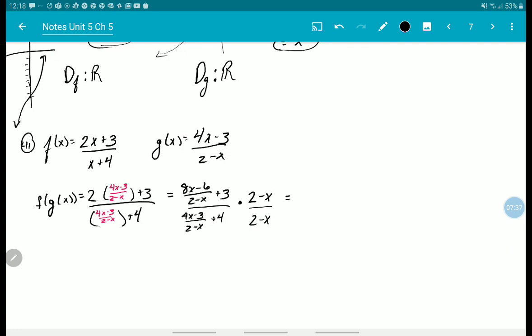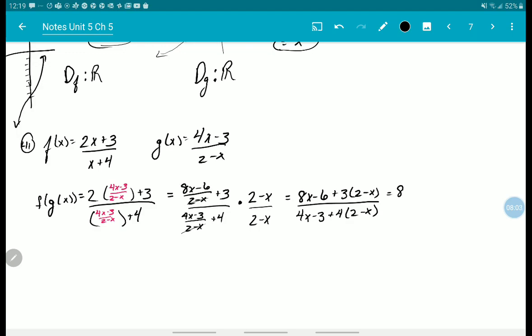So that's going to cancel with this. So we're going to have 8x minus 6. But that second term, that 3, is going to be multiplied by that 2 minus x. Same thing here. When I multiply that fraction by that 2 minus x, it's going to cancel that denominator. So we're left with just the top of the fraction. But that 4 has to be multiplied by 2 minus x.